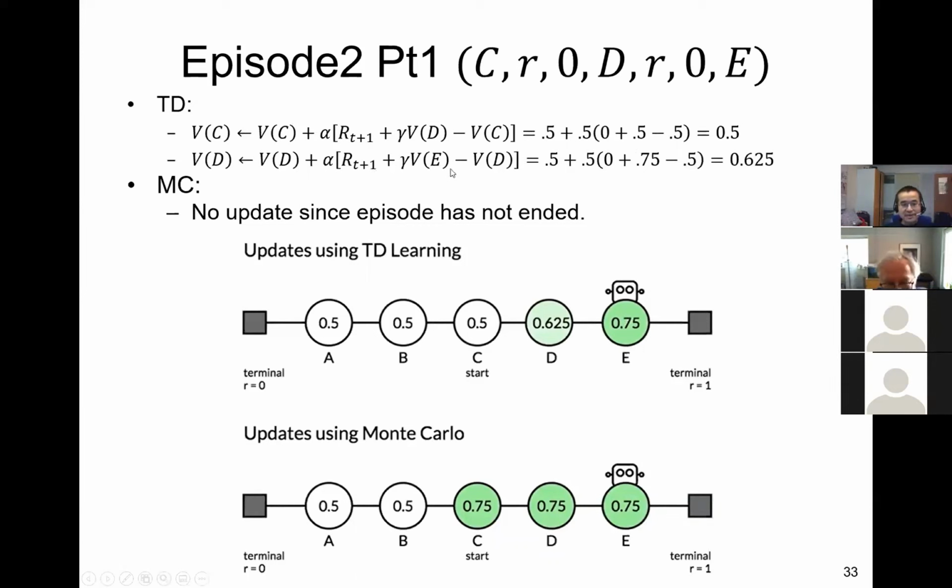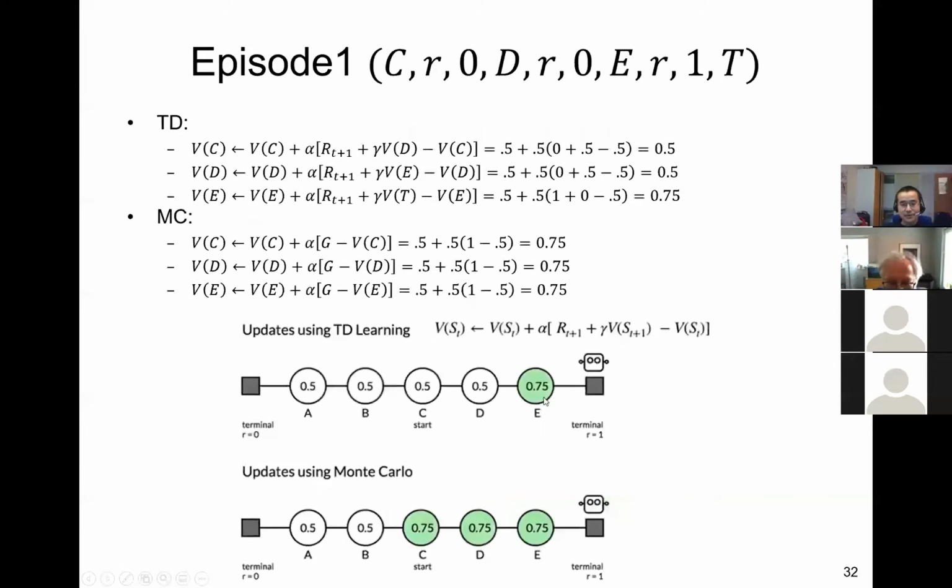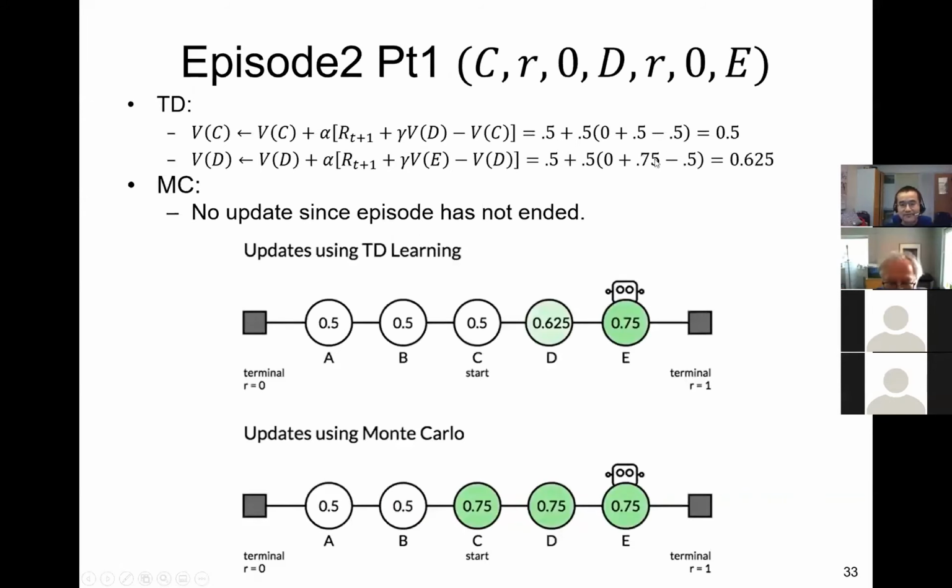For D, your TD update uses VE, which has changed, right? Last time we updated it to be 0.75. So now D's value is 0.625.